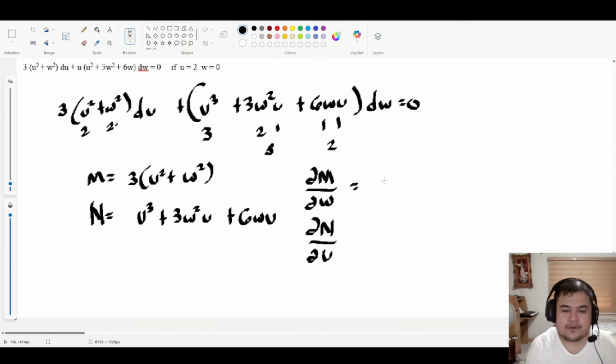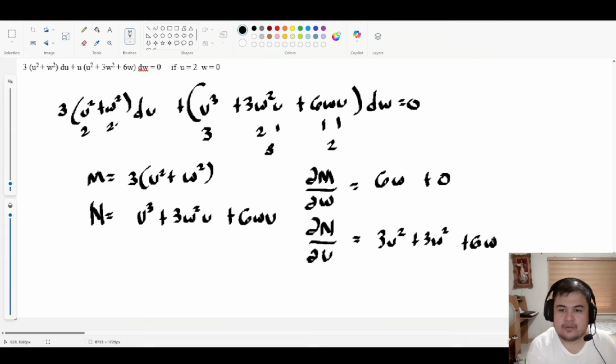So for M, it will become 6w plus 0. Then for N with respect to u, it is 3u² plus 3w² plus 6w. Now, that is not exact.